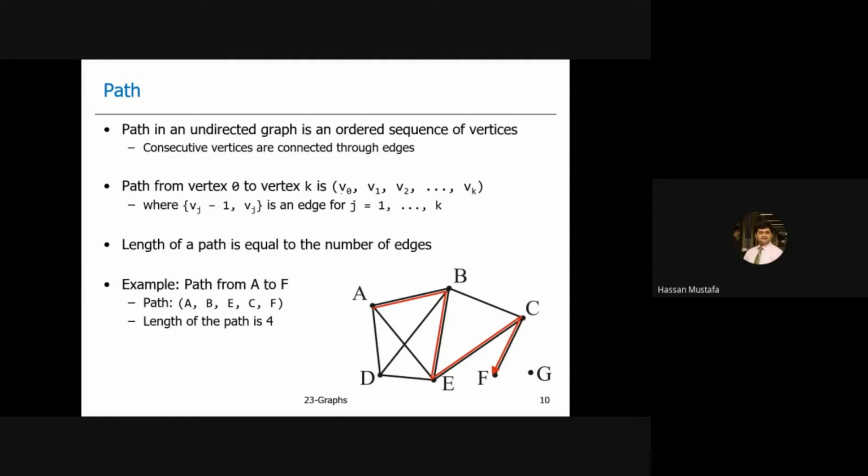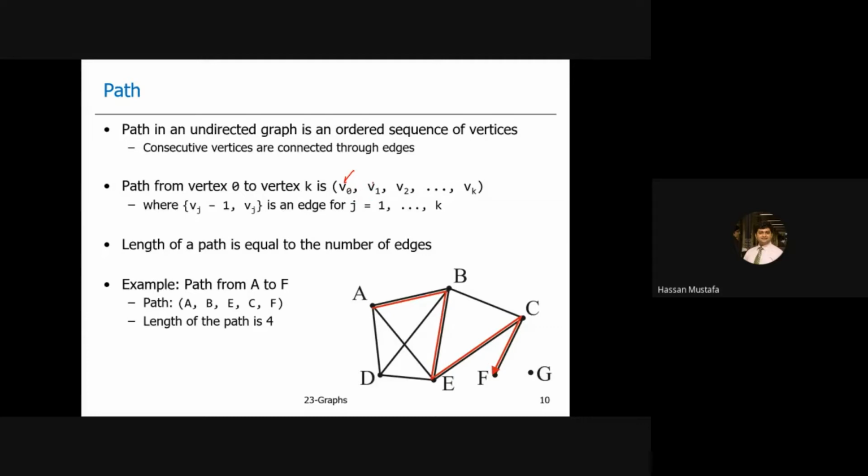So here, the formal definition is that a path is written as V0, V1, V2 up till Vk. So I've started from a vertex and I've reached a vertex k, the destination vertex. It means that I have taken these edges, for example, here j goes from 1 to k. V0 and V1, that's the first edge that I've taken from the source to the node V1.